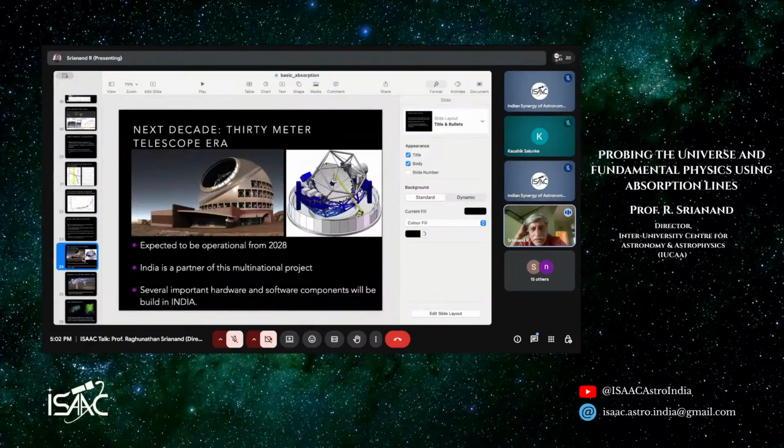The idea is that the bigger the telescope, the fainter the objects you are going to find. It is most likely that these fainter objects come from much greater distances. That means your ability to probe the universe over a larger time scale is going to be much better. This telescope project is supposed to be operational in 2028. We are facing some difficulty because in Hawaii, people are agitating against using their land to build this telescope, and we hope to solve it at some point.